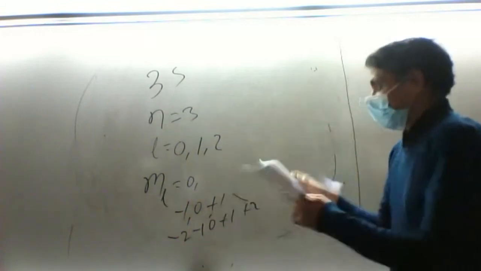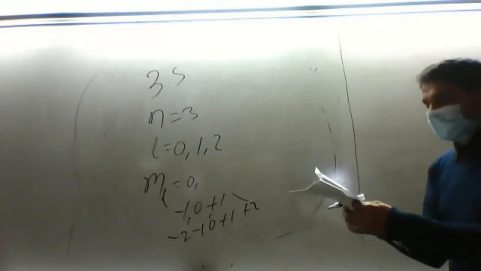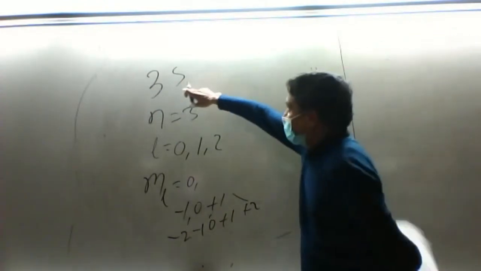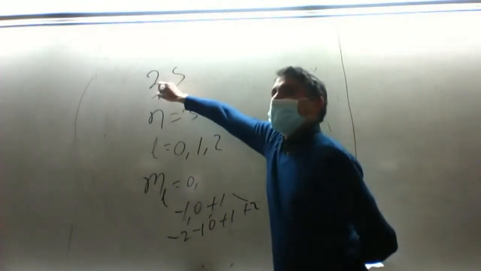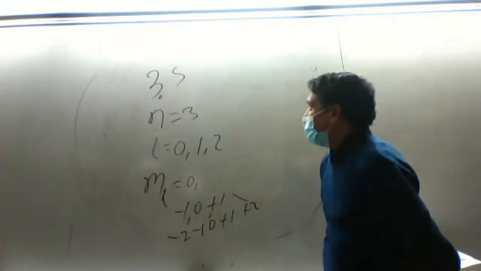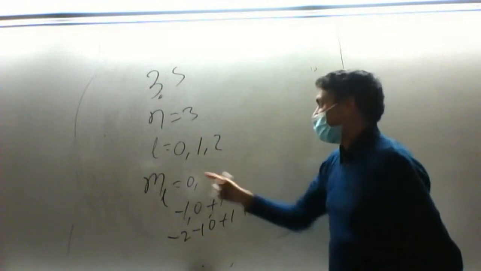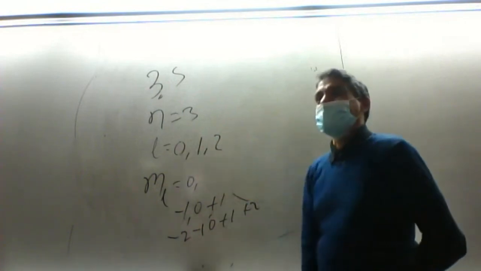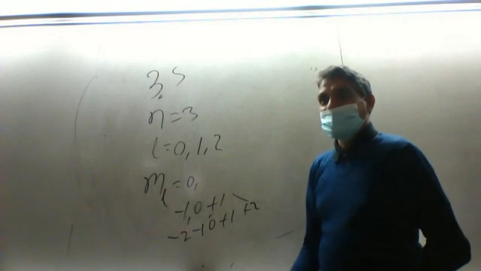So now let's see here. What they are saying is 3s. 3s is possible because this is in the third orbit. Do we have an s here? Definitely we have an s here. You see that? S is 0, right? So S is possible. Good.